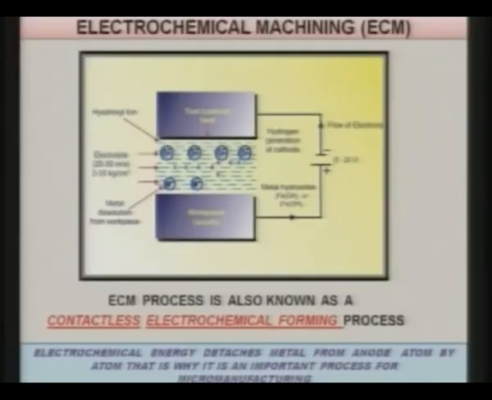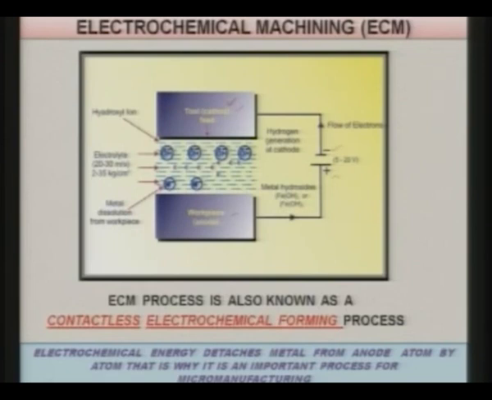Now, let us come to this figure. As you can see, the tool is the cathode and the workpiece is the anode. During electrolysis, the electrolyte flows between the tool and the workpiece. The cathode is connected to the negative terminal and the workpiece is connected to the positive terminal, and the voltage applied across the cathode and the anode normally ranges between 5 to 20 volts.